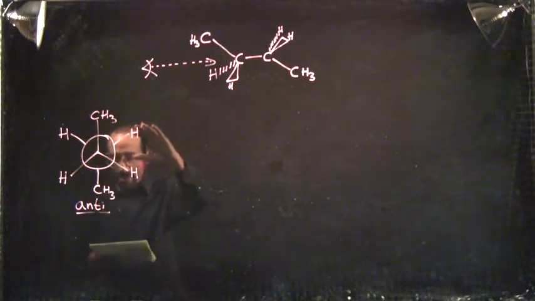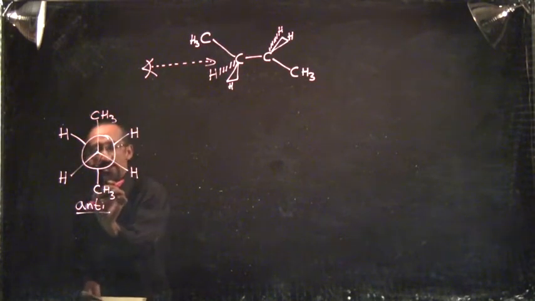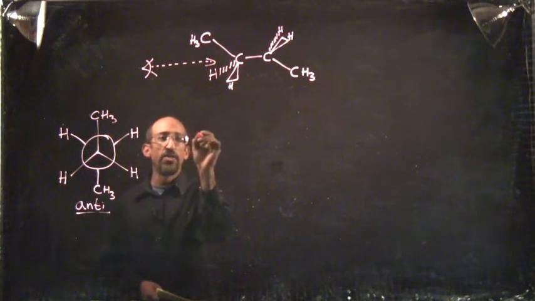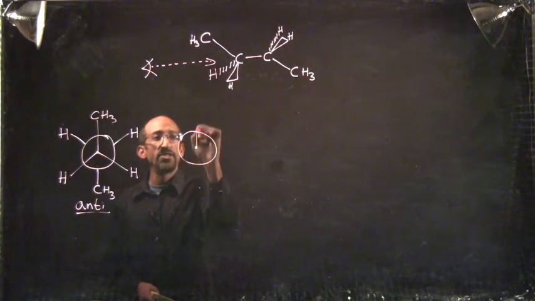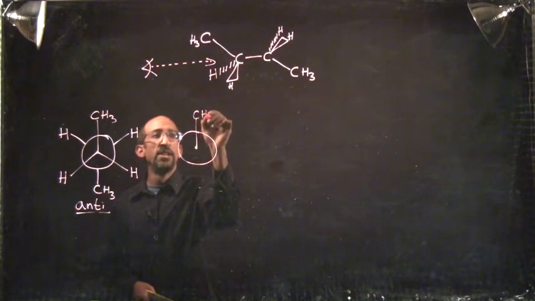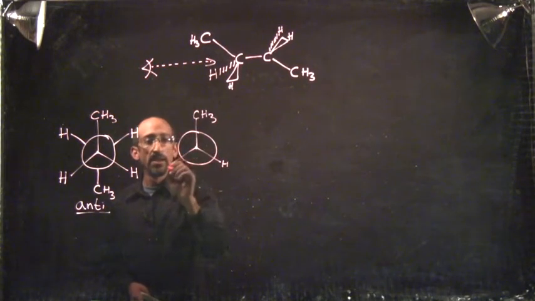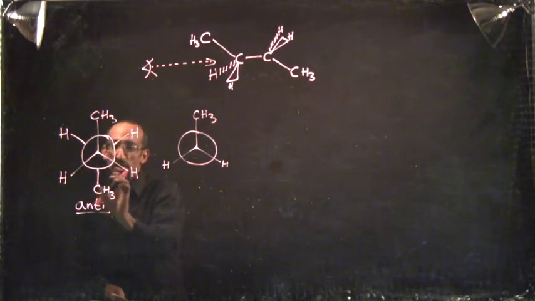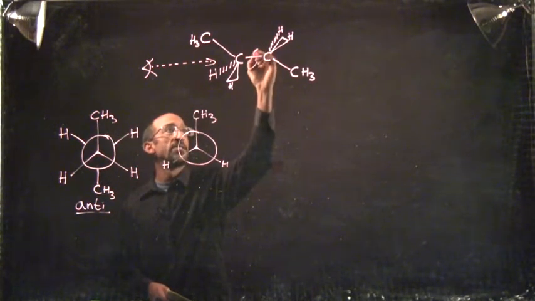If we take that back carbon and we rotate it so that this methyl group is aligned with this hydrogen, we can generate a new Newman projection. Again, all the substituents on my front carbon remain in the same place. I have now taken this methyl group, rotating that back carbon around this carbon-carbon single bond.